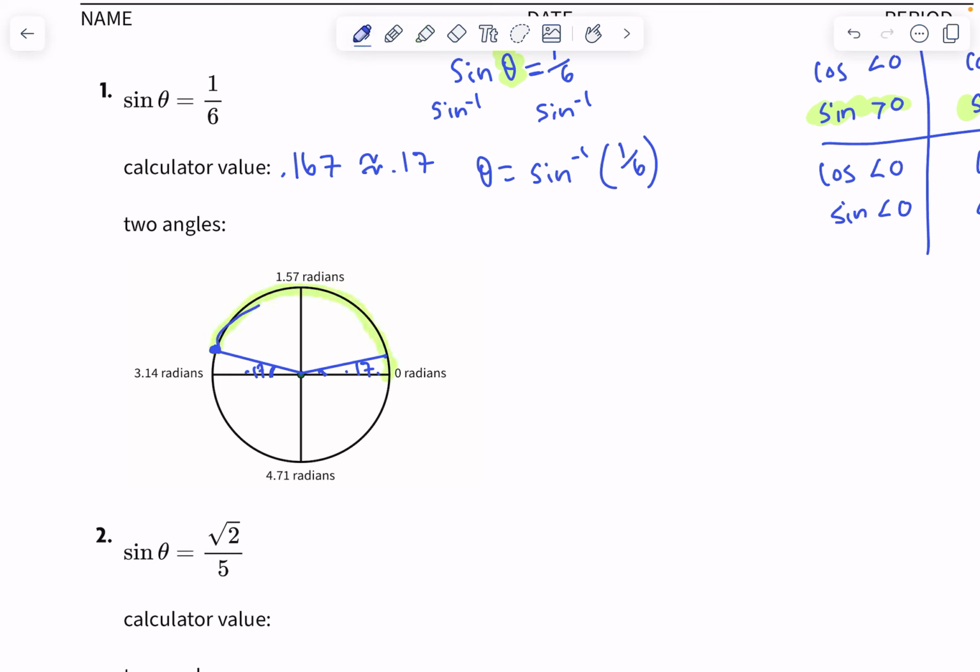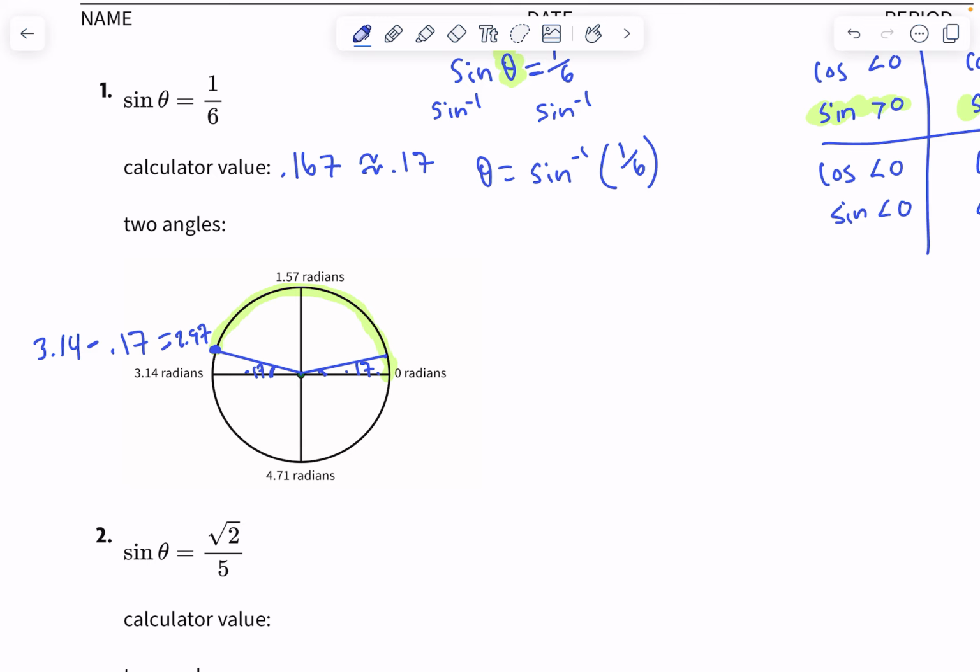So how would I find this entire thing? My second angle would be 3.14 minus 0.17. Okay, so 3.14 minus 0.17 is 2.97.